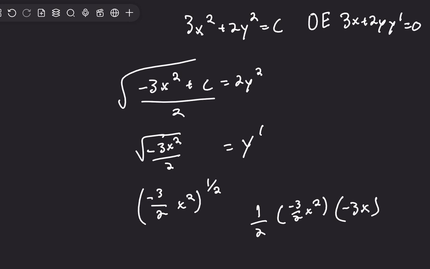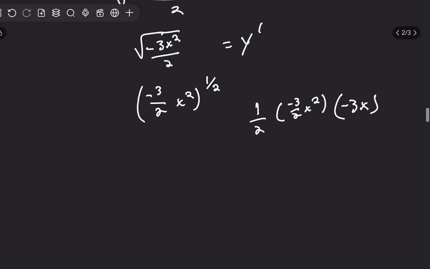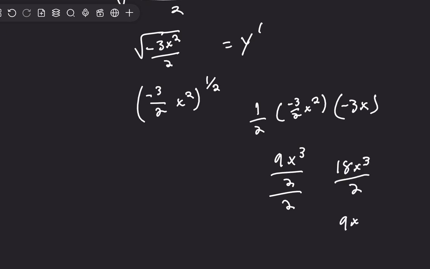Okay, we're going to add them together, and that will end up giving us 9x, so 3x times 3x squared would be 9x cubed over 2 over 2. This 2 is going to go to the top, so you have 18x cubed over 2, which ends up giving us 9x cubed. Okay, so that is equal to our y prime.